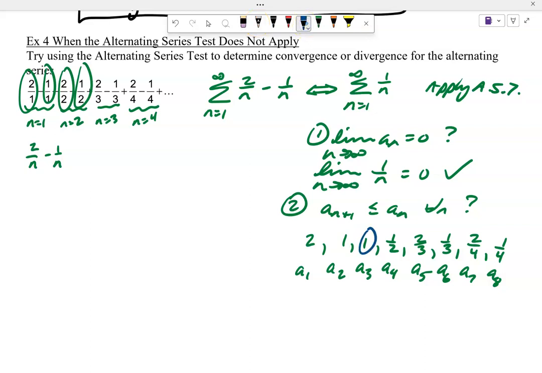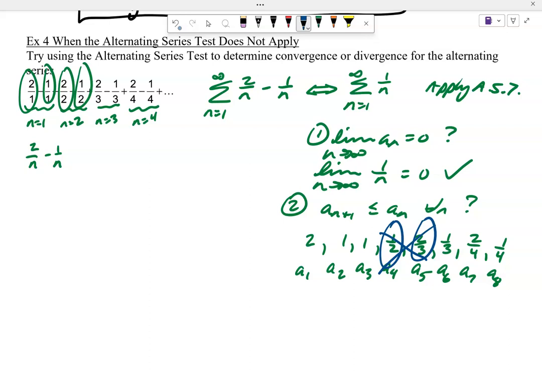Let's do the next one. Is that one less than or equal to the 1? Yeah, that's true. Is 1/2 less than or equal to 1? Yeah. Is 2/3 less than or equal to 1/2? No. See how that's going to fail right there?